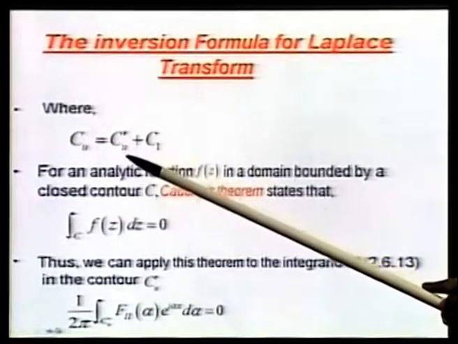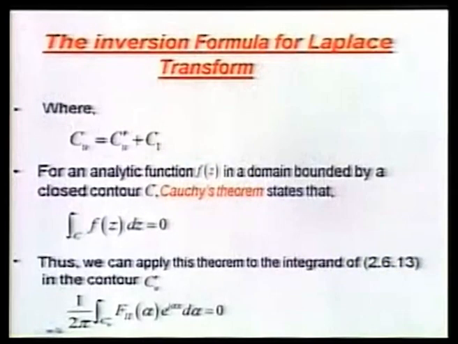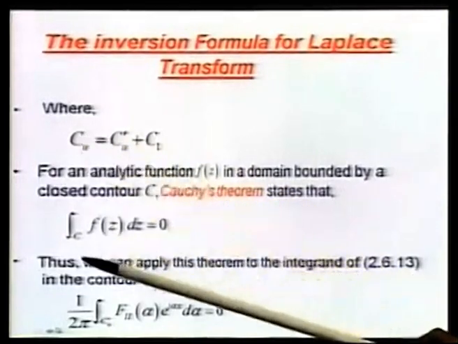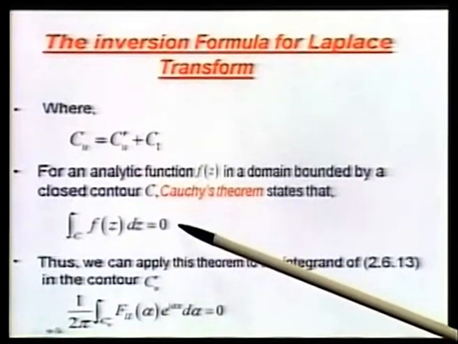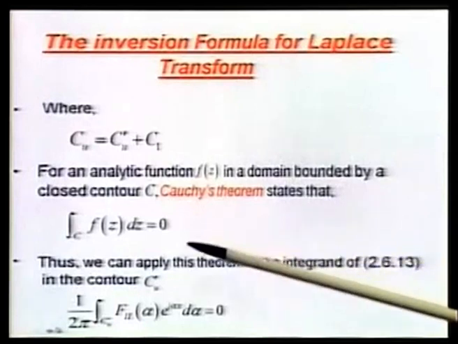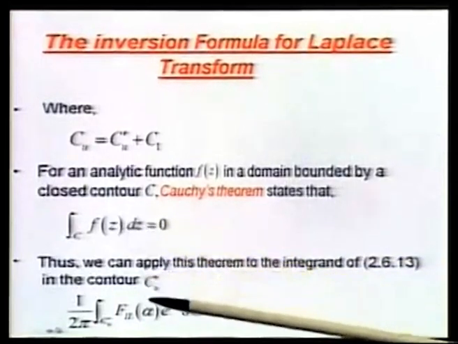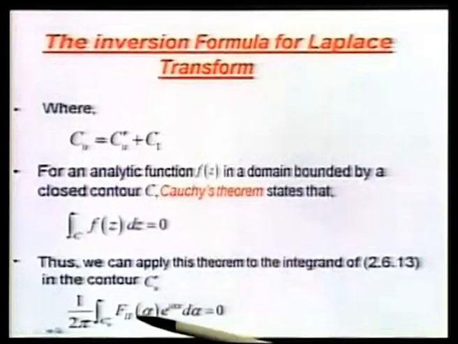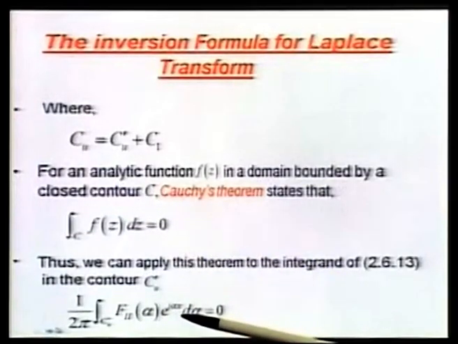So, C u prime also includes the Bromwich contour. Okay. Now, in this C upper, the integral of f z d z is 0. So, this is what we are talking about. Here of course, z is replaced by alpha. So, this is what we get, and please understand f z is nothing but f 2 alpha times e to the power I alpha x. This is the whole thing, right.